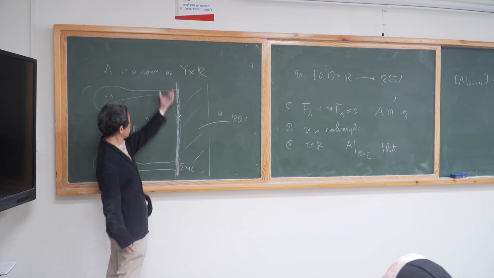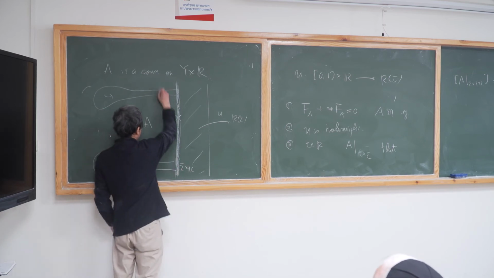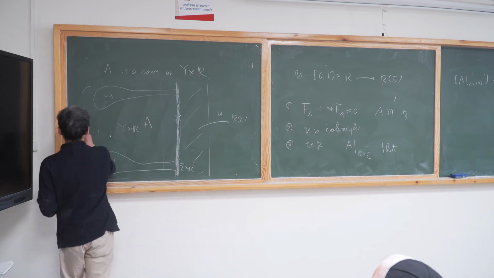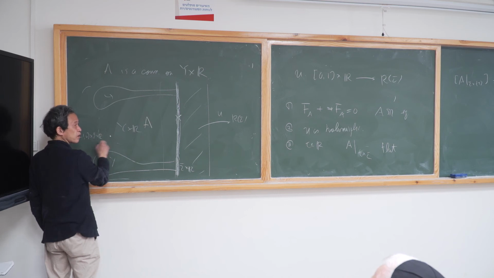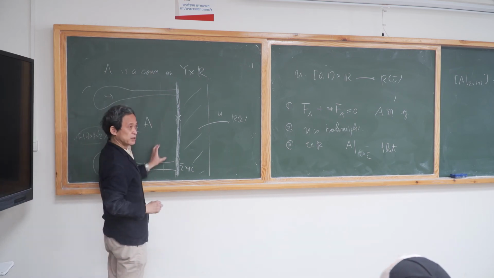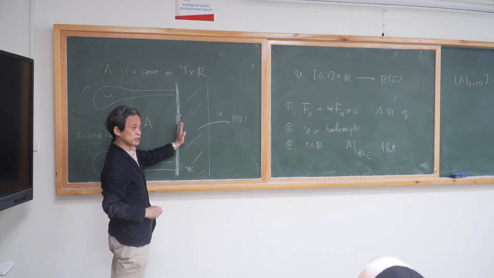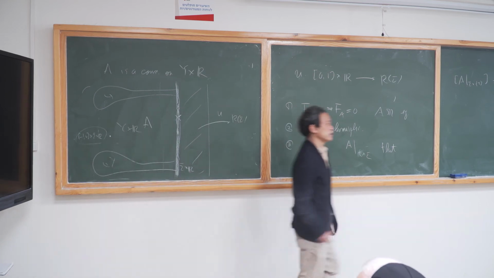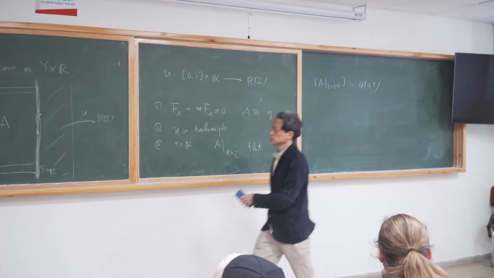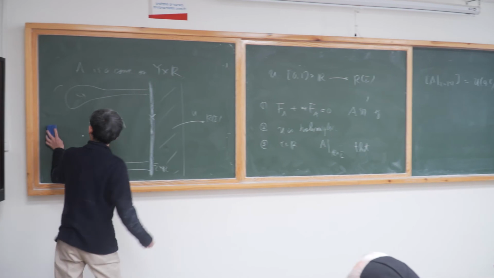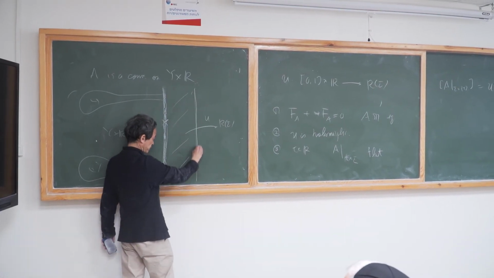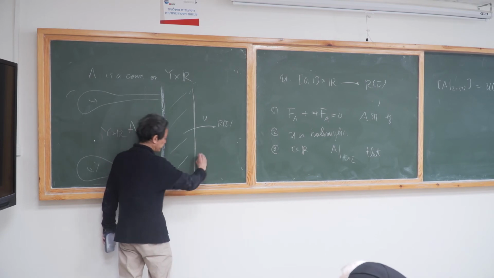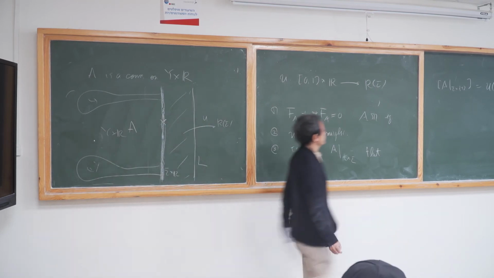So this neighborhood is something like -1, 0 cross sigma cross R. And then you have some condition here. Then you see that there is another boundary here, 0, 1. And we use L to fix boundary conditions.